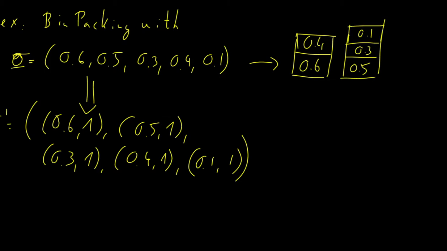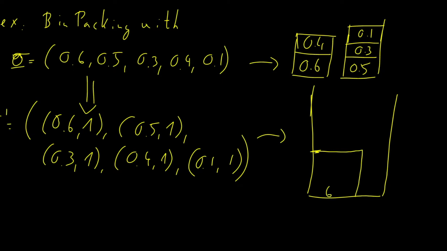So you can push all the original objects into two bins. Then the same solution can be translated into a strip packing solution, because you are just using the height 1 and the width 0.6 here, with 0.1 times 10.